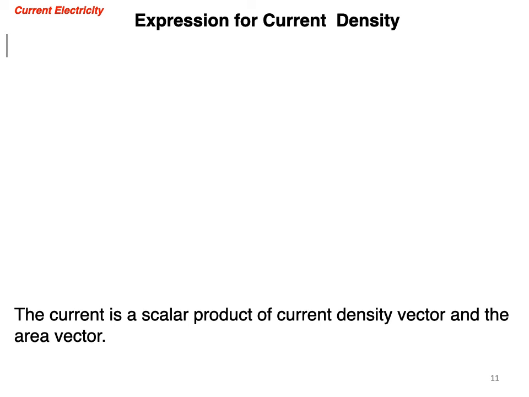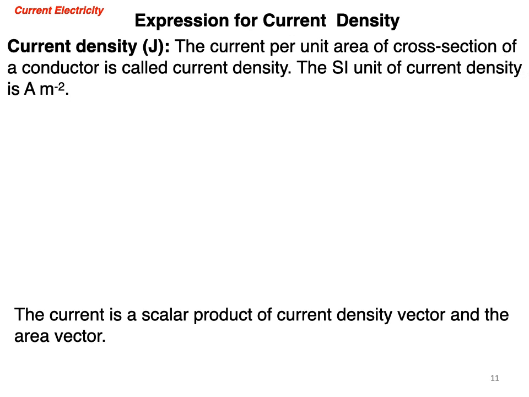The expression for current density: what is current density? The current density in a conductor is the current per unit area of cross section of a conductor. The SI unit for current density is ampere per meter square, current over area. Mathematically, current density J is I over A, or the vector J is current n e A Vd over A with a negative sign because we know current is against the drift speed, equal to n e Vd because A cancels out.